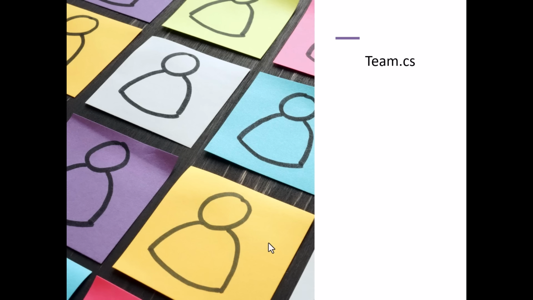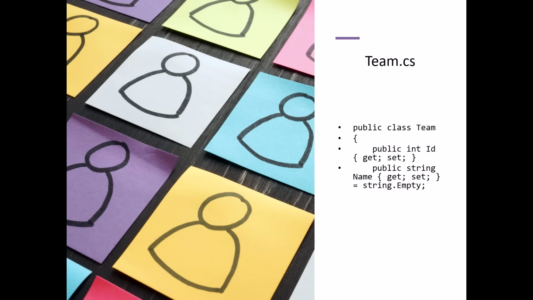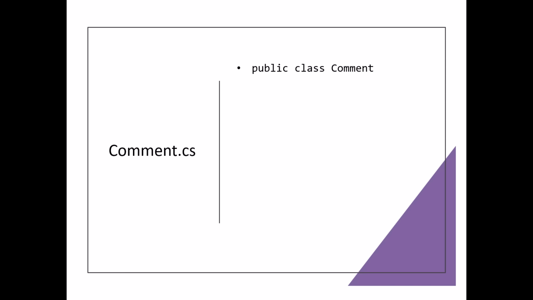And Team.cs, the team class, has name, a list of users who are members, and project ID to associate with the project. A team has to be associated with a project, right? Again, we'll be keeping these classes free of Entity Framework Core specific attributes, and we'll be configuring relationships using the Fluent API in the next video. Then two more classes are there, the comment class and the attachment class.